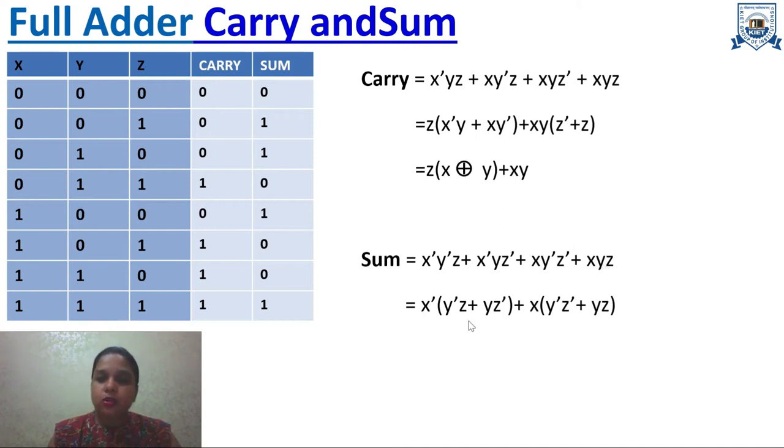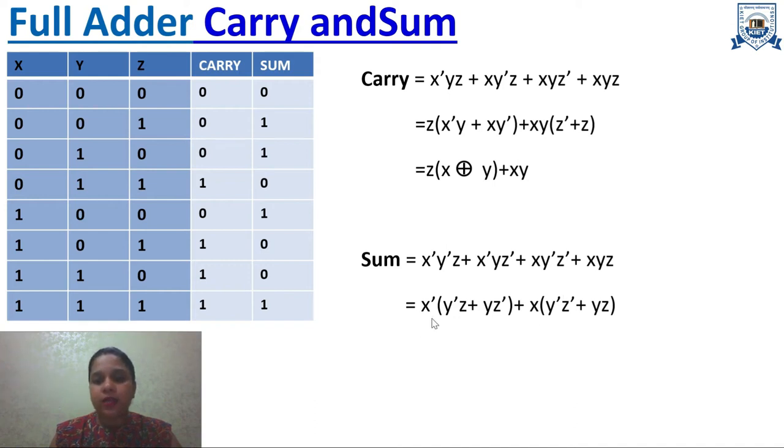Now closely observe this statement. It is simply similar to a bar b plus a b bar. Here a is x and b is y bar z plus y z bar. Now this is b and this is b bar. If the complement of this Boolean expression is taken, the output will be this only.